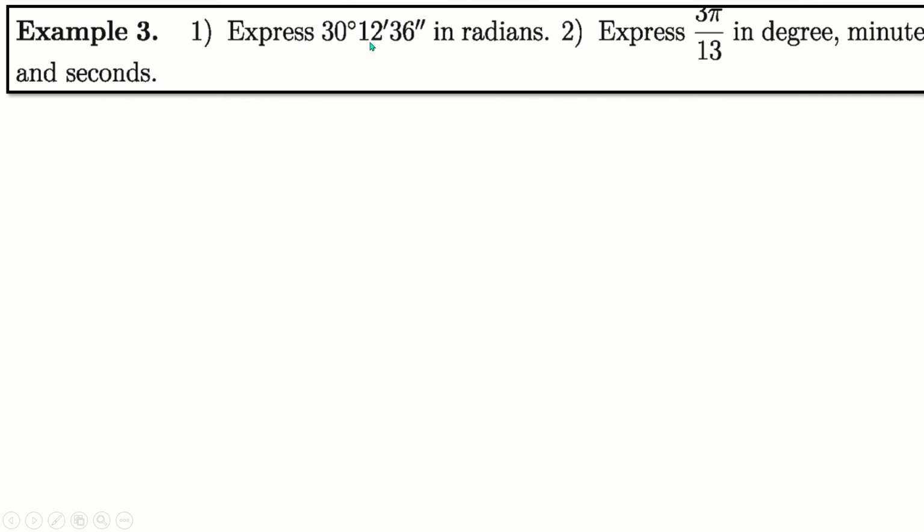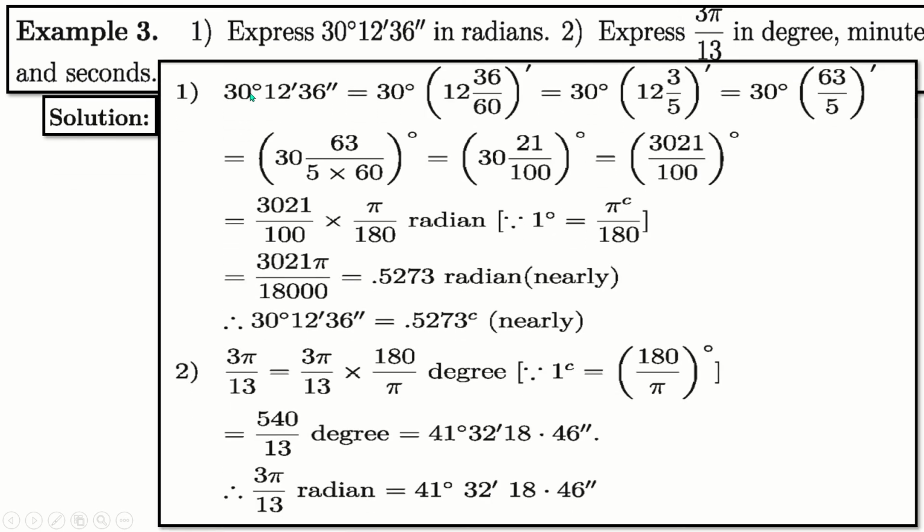Example 3: express this in radians and express this in degrees, minutes and seconds. Follow the solution. For the first one, the given angle is to be converted into radians, so at first you have to convert it into degrees. 36 minutes we can write as 12 integer 36 by 6 minutes, which after calculating is 12 into 5 plus 3, that is 63 by 5.